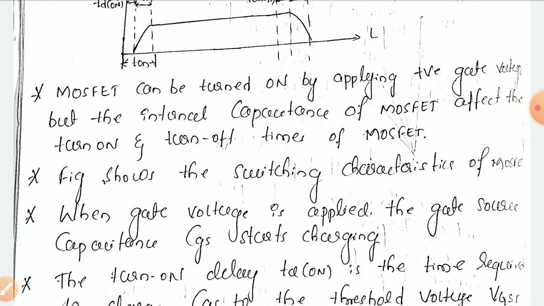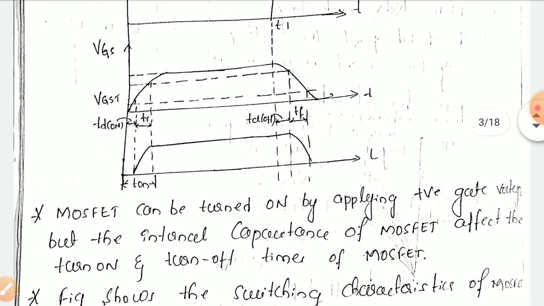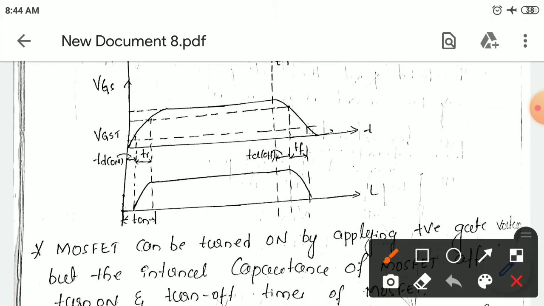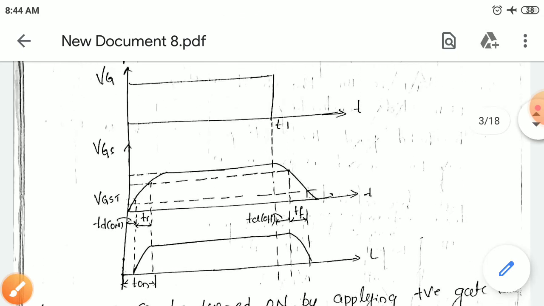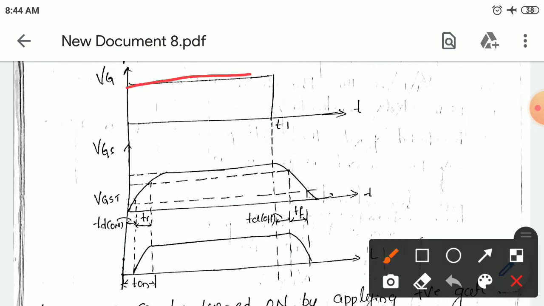So when the gate voltage is applied, what happens? The capacitance present in the MOSFET starts charging. You can see here that initially the gate voltage is applied, and the internal capacitance starts charging. If there were no capacitance, whenever the gate voltage is applied, your MOSFET would turn on and the operation would happen.